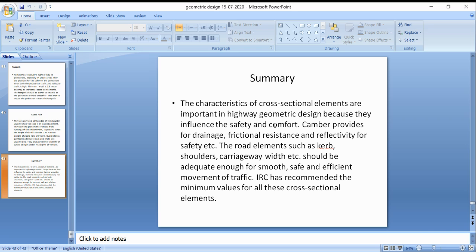Afterwards, we have seen the geometric design of the road: camber, width of the road or carriageway, the formation width, the slope of the road, camber, and the shoulders.